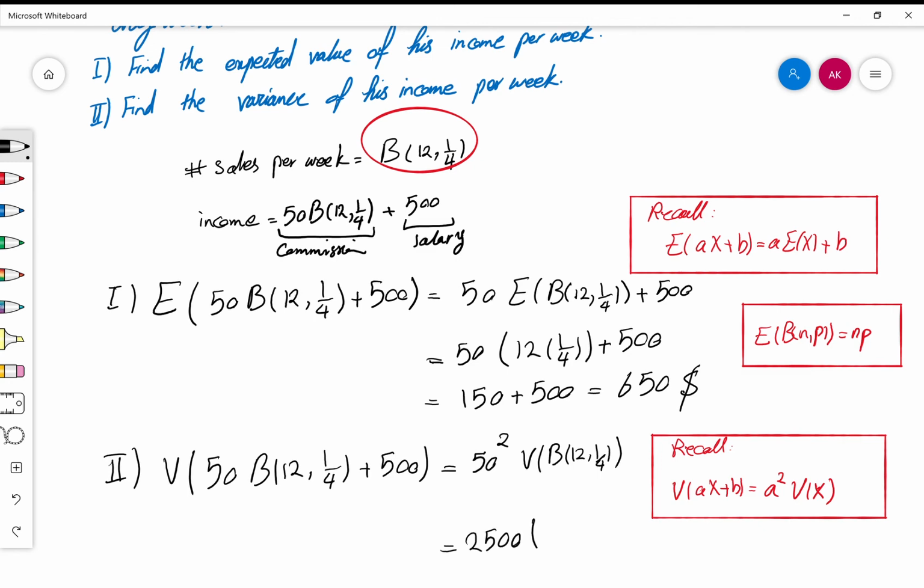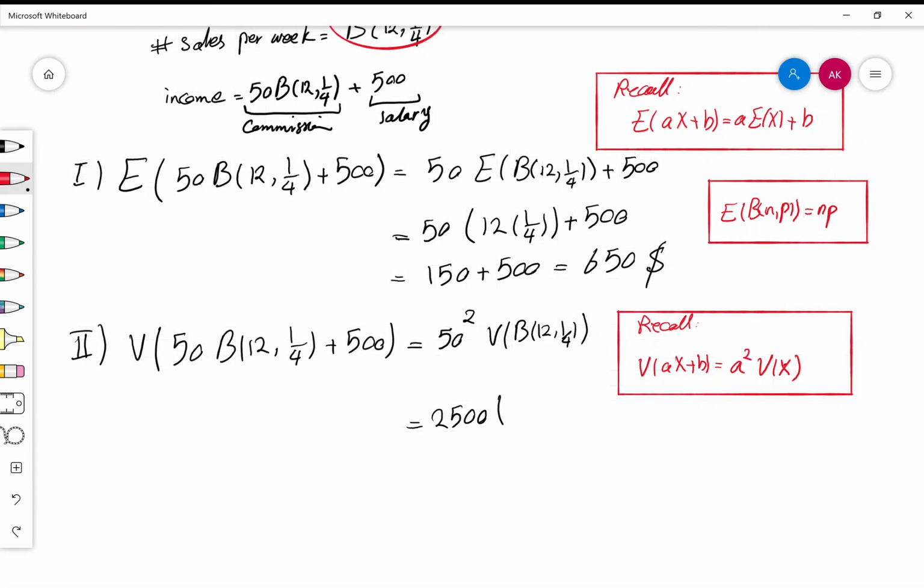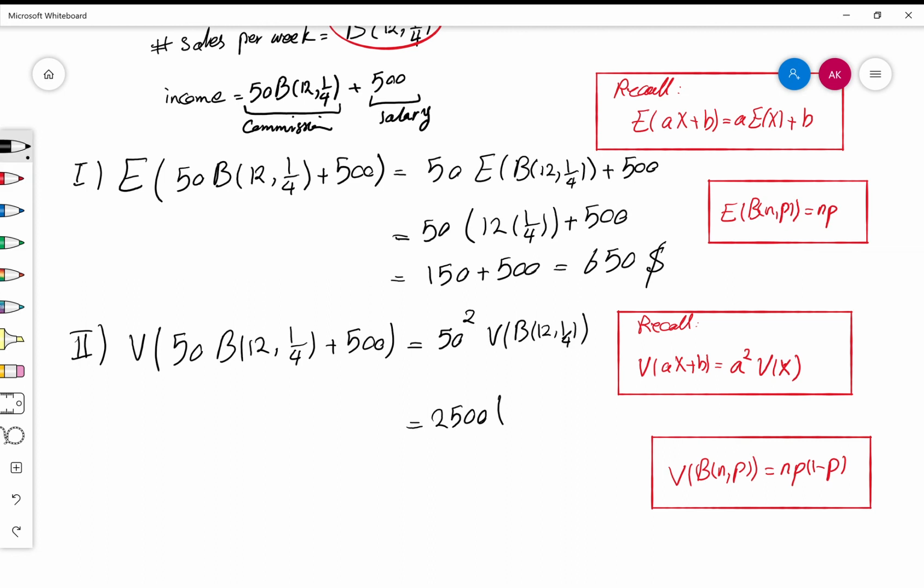and this is 2500. Well, this is another fact that you have to remember. Let me just put another box here and write it. V of a binomial random variable B(n, p) is n p (1 minus p). So in this case, we will have n p (1 minus p).